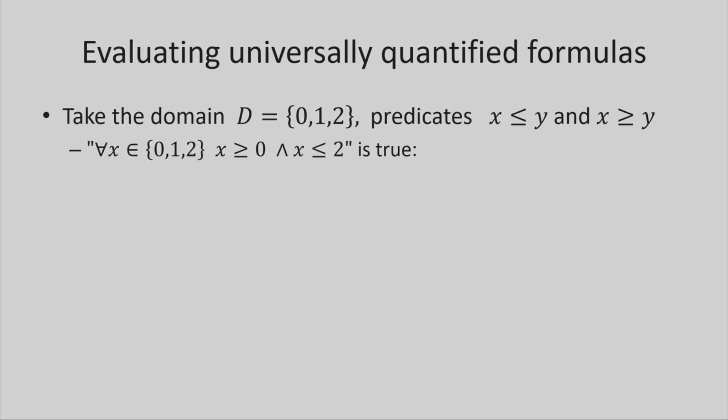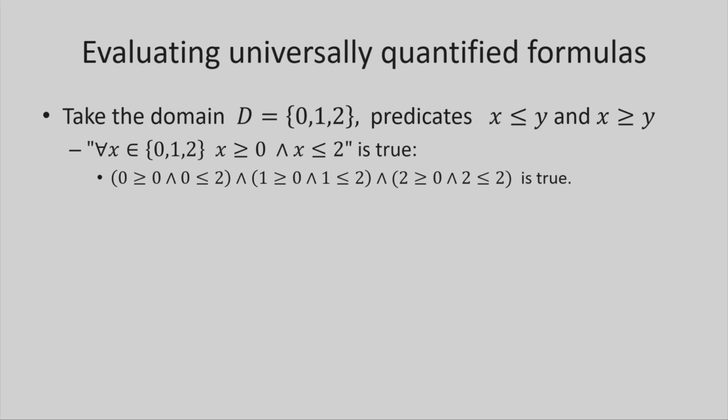And for that, we are going to replace x with all the possible values in the domain and take the AND of the resulting formulas. So the first, we will have 0 greater than or equal to 0 and 0 less than or equal to 2. That's when we set x to be 0.